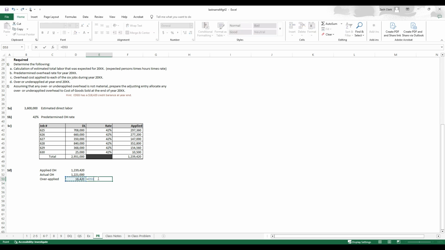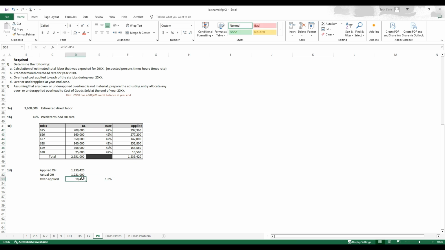What's kind of interesting, this isn't asked for in the problem, but we can look at what's the percentage off, right? So we have basically a 1.5 percent difference between the two. So I'd say that's pretty good. If we were able to get that close with our overhead application rate, this is probably a good rate to keep using.